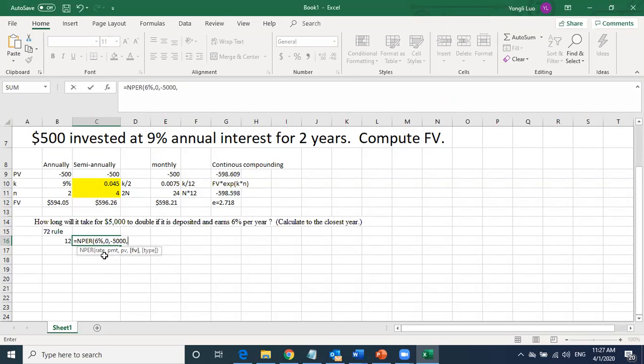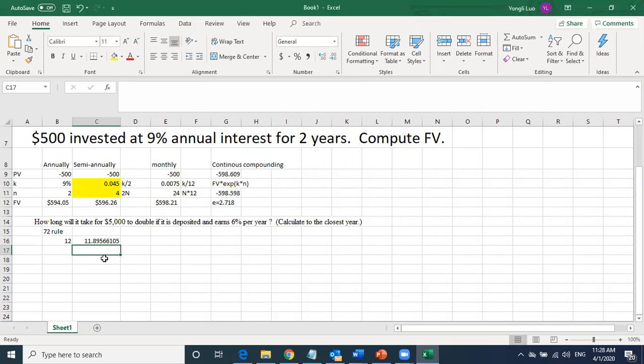And future value, when the money doubles, is going to be $10,000, right? So you can see exactly how many years when you use the NPER function. It's 11.895 years. So around 12 years, right?